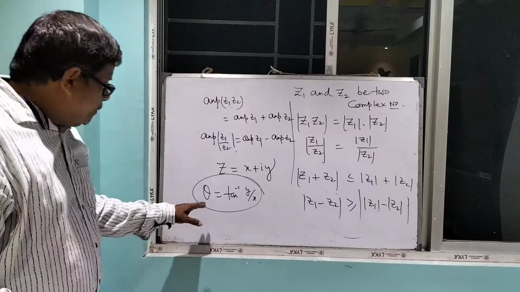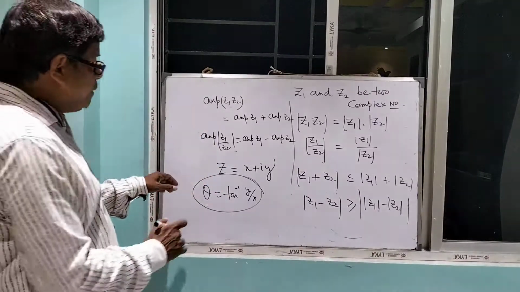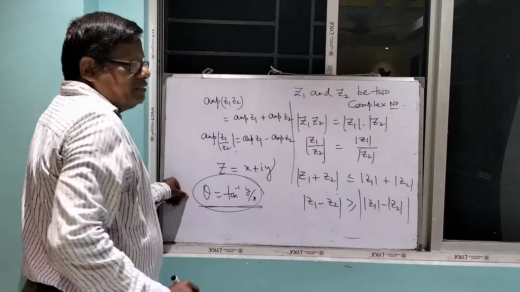Now whatever the value is, the principal value is between minus pi and pi.